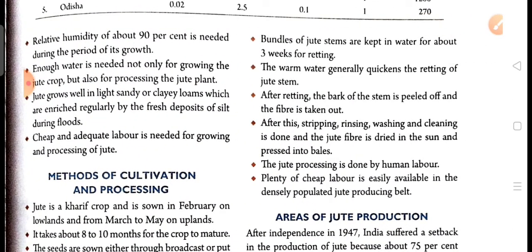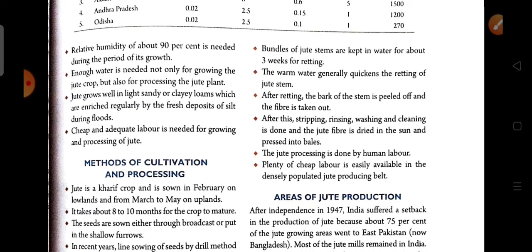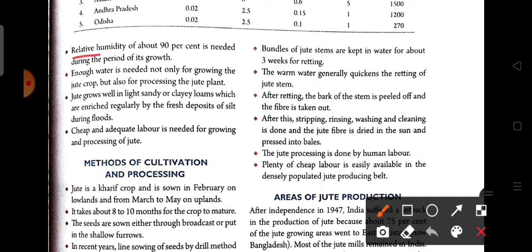Now the other conditions that are needed for the cultivation of jute are: relative humidity of about 90% is needed during the period of growth.